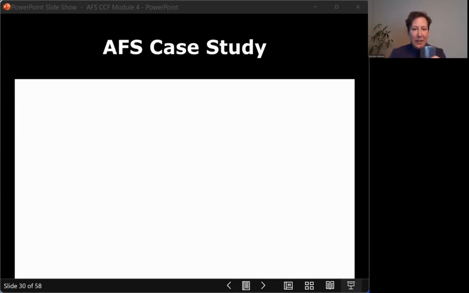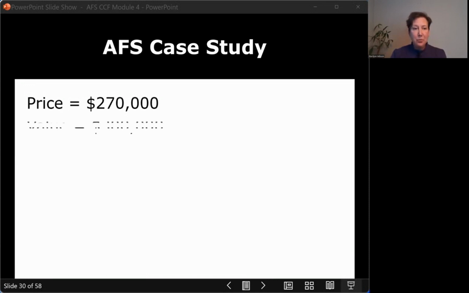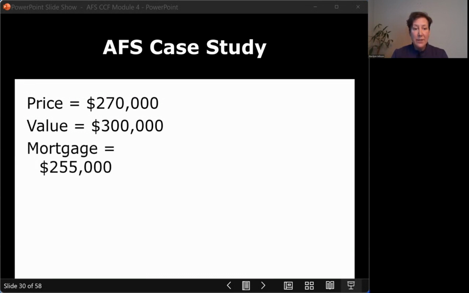Now, an agreement for sale case study. This is an example of a real deal, a little bit simplified. The price we paid for the property was $270,000. The value of the property at that time was $300,000. The mortgage was $255,000, so very little equity to pay out at the end.